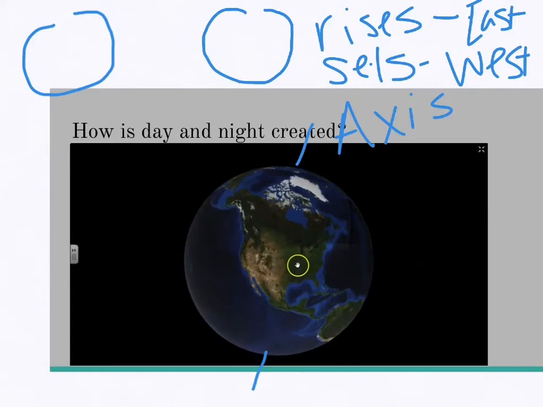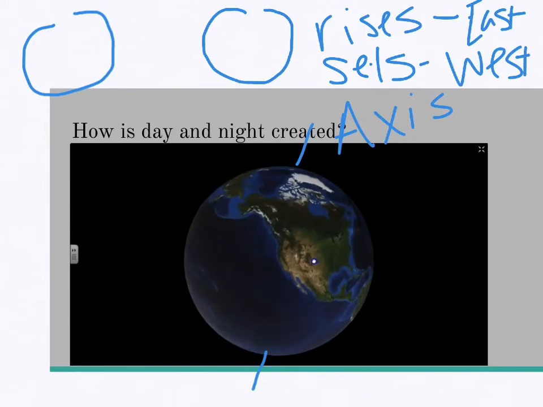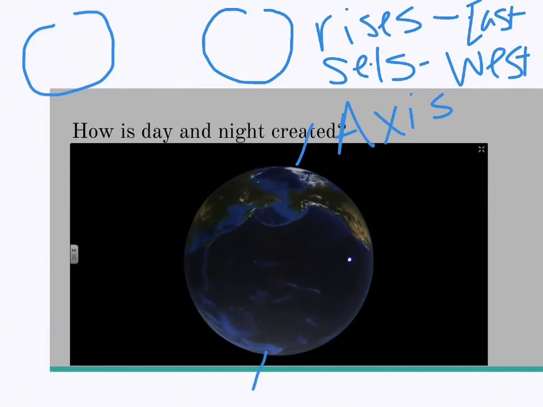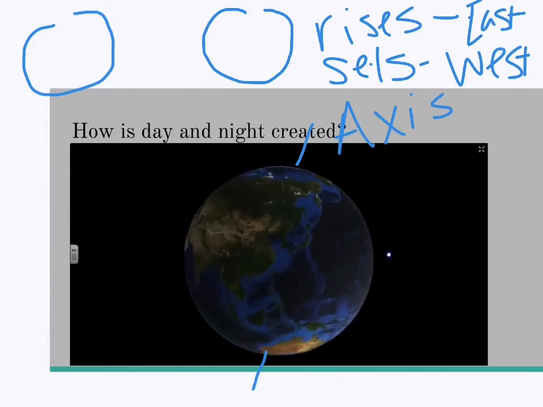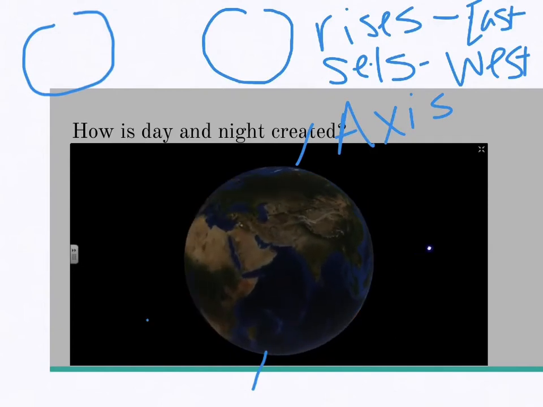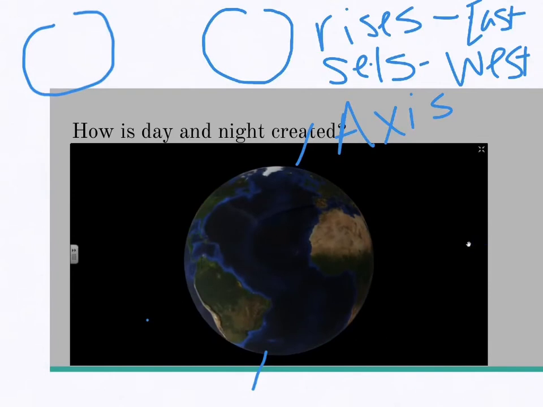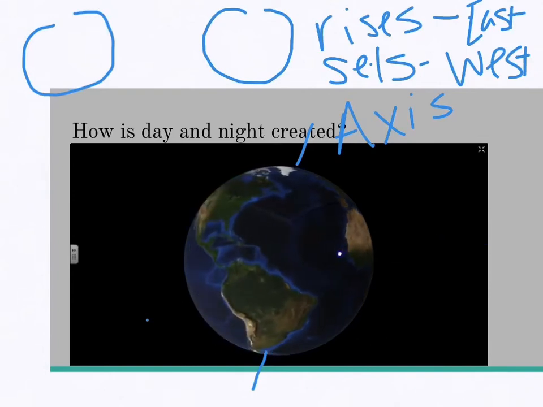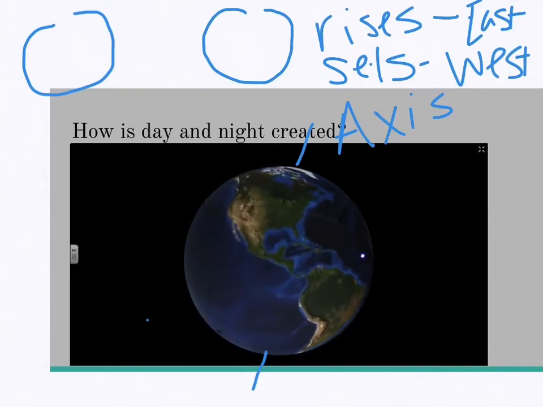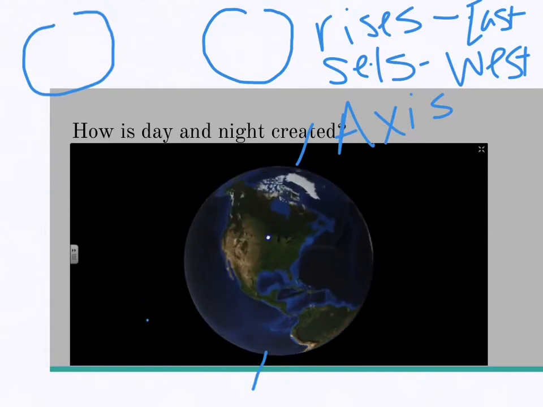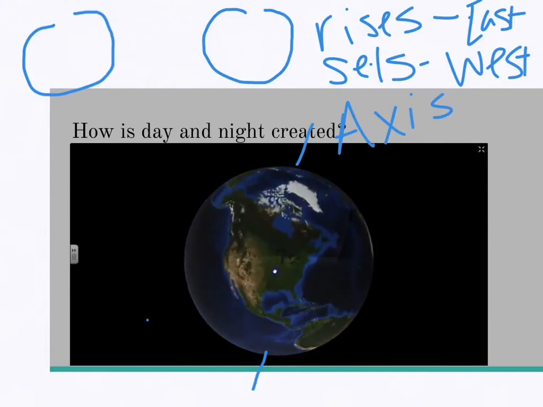And so as the Earth rotates counterclockwise, the sun is rising in its east and it is now setting in its west. So at this point, St. Louis is experiencing its nighttime and India is experiencing its daytime. And then as it stops, St. Louis comes back around to the sun to go through a full 24 hours.